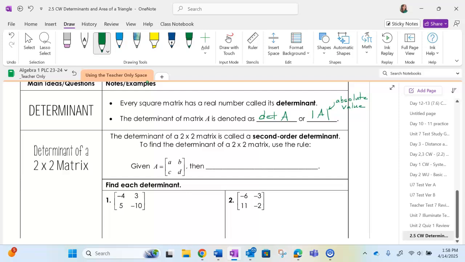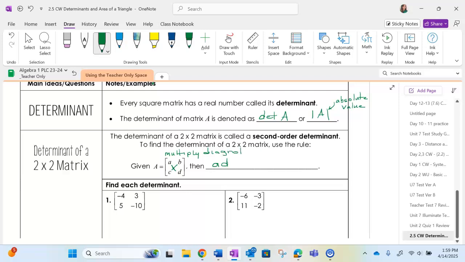All right, so how do we calculate the determinant of a 2 by 2 matrix, called a second order determinant? Well, I call this the crisscross. Let's make sure we cross starting at the top left, and we're multiplying. So it's A times D. Multiply diagonal.